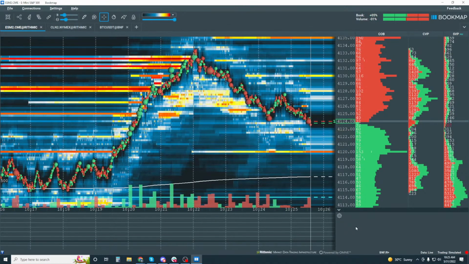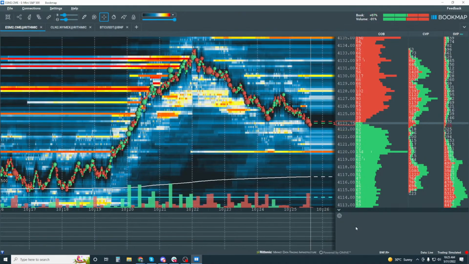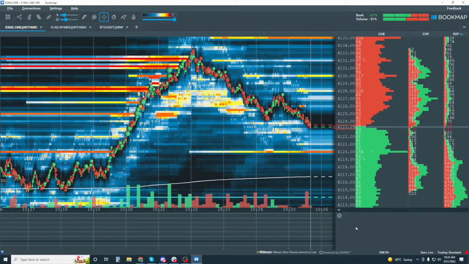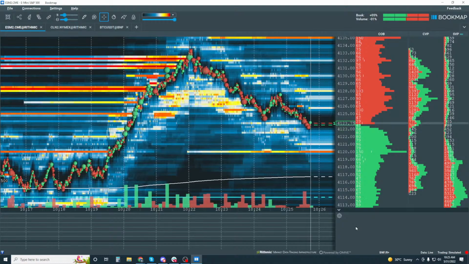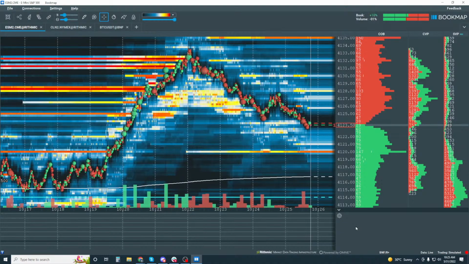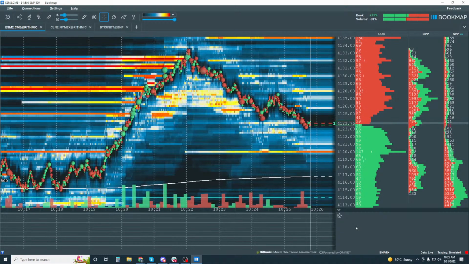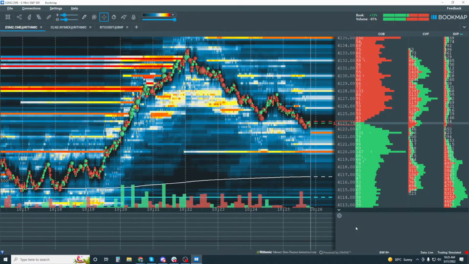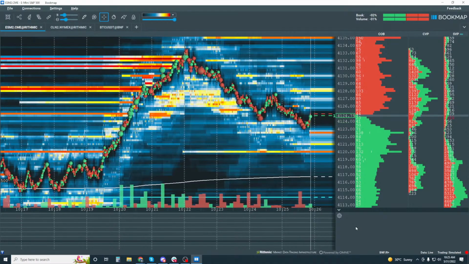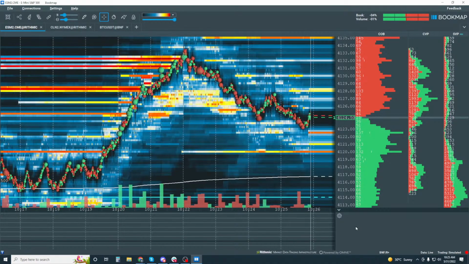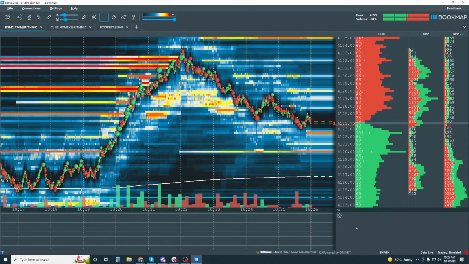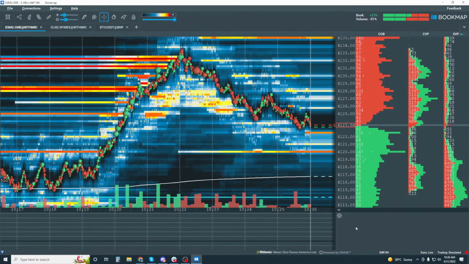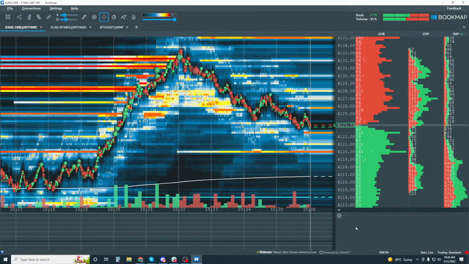Okay, Bruce, McKay, you're having some issues here with the Thinkorswim Bookmap. You're correct, the POC and the VWAP, you should be able to set back to 9:30 cash open.